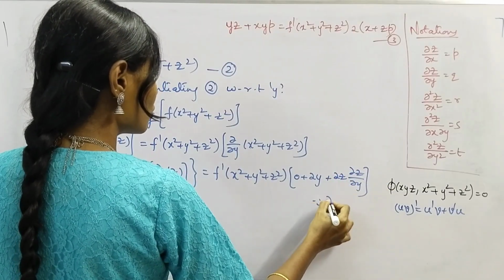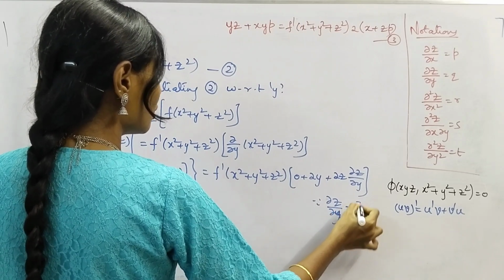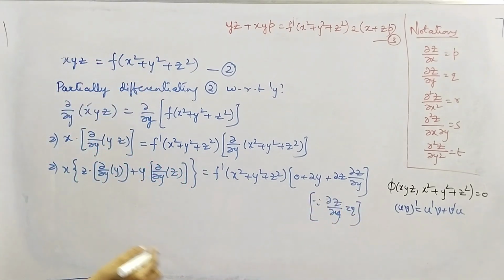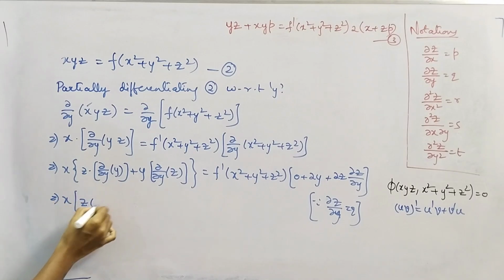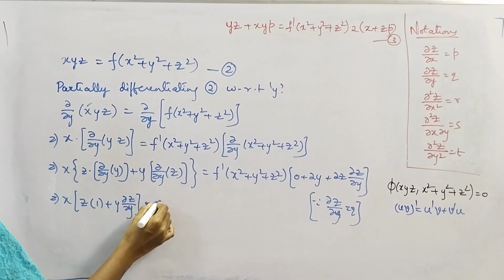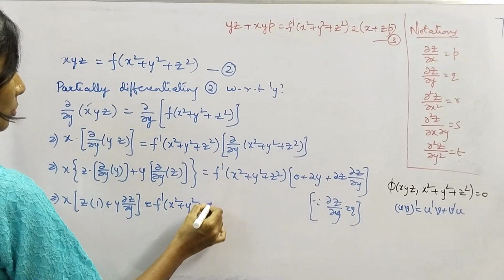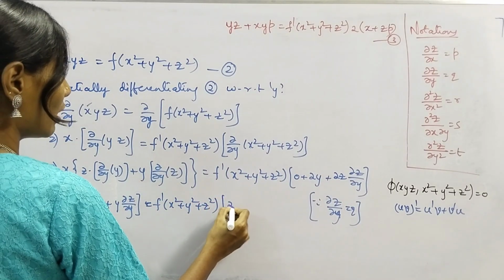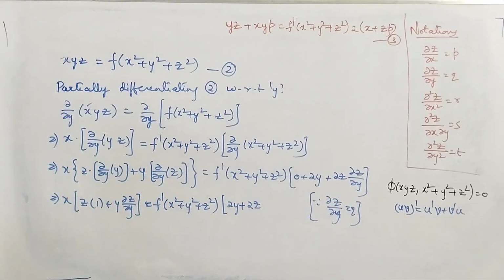Since we have a notation ∂z/∂y equal to q, we can replace ∂z/∂y by q. This gives us x times z into the partial derivative of y with respect to y, which is 1, plus y into ∂z/∂y, equal to f dash of x square plus y square plus z square into 2y plus 2z into, replacing ∂z/∂y by q.